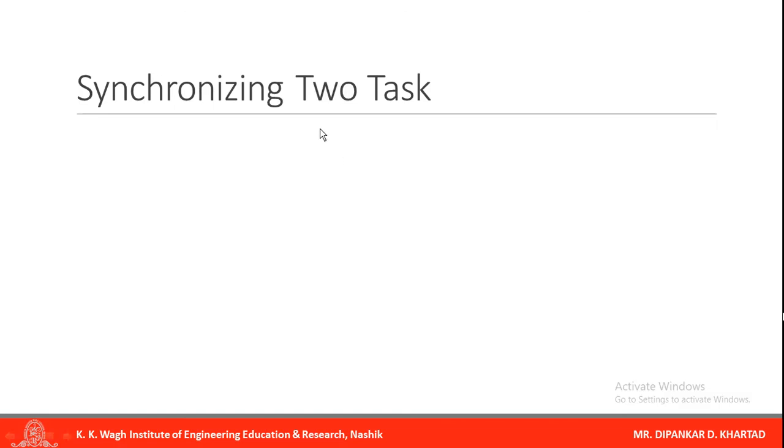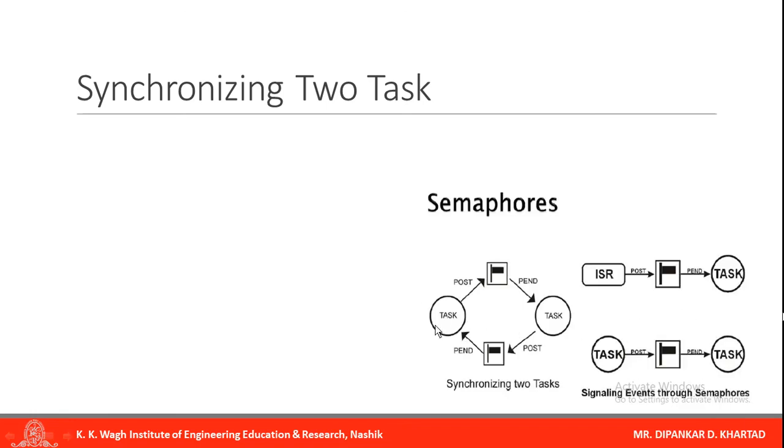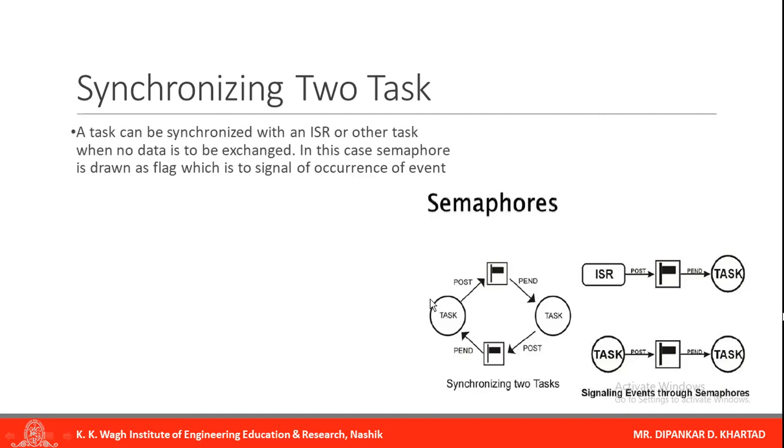This is one function, that is synchronizing two tasks. Task 1 and task 2, these are synchronizing. So a task can be synchronized with an ISR or another task when no data is to be exchanged. In this case, the semaphore is drawn as a flag, a flag which is used to signal the occurrence of an event.